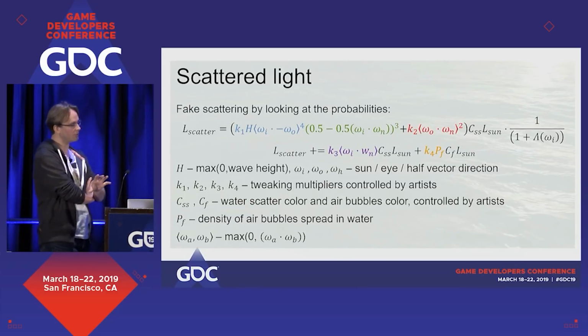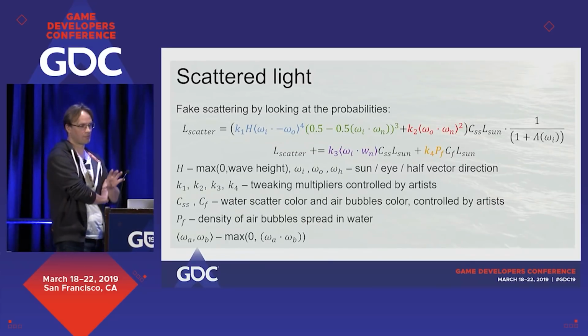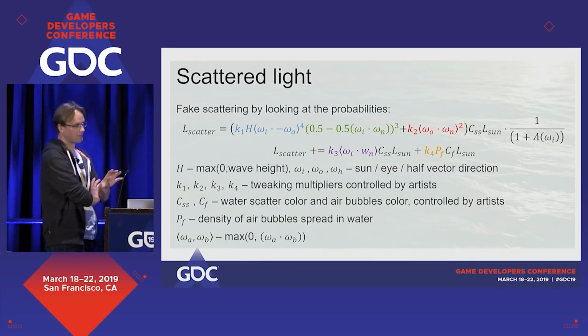This blue portion on the left tells us that the chance to see the scattered light is higher as we get closer to the wave top. So the higher the waves, and the closer we are to the wave tops, the higher the chance to see the scattered light.